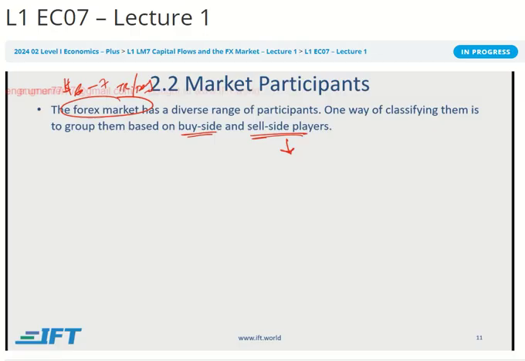Now, sell side are people who offer exchange services. So they're selling the service basically. And the buy side is people who are buying the service, like high net worth individuals and funds that need to invest and change currency, or companies which are doing import and export.